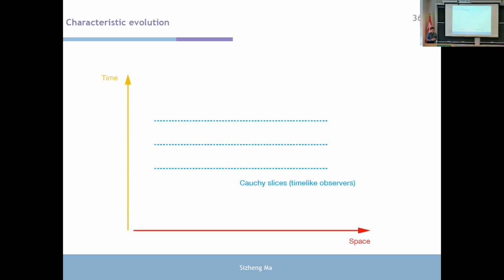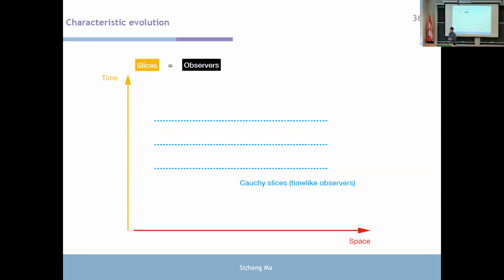The basic idea of the characteristic evolution is to adopt different slices for evolving Einstein's field equations. Slices mean observers. Those Cauchy slices correspond to time-like observers who sit at different spatial locations, and they are synchronized by those space-like hypersurfaces.